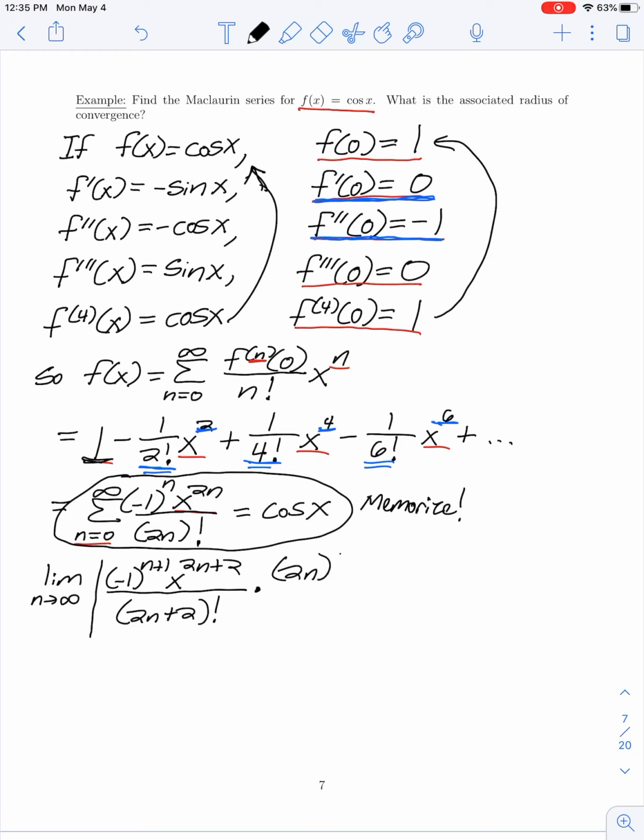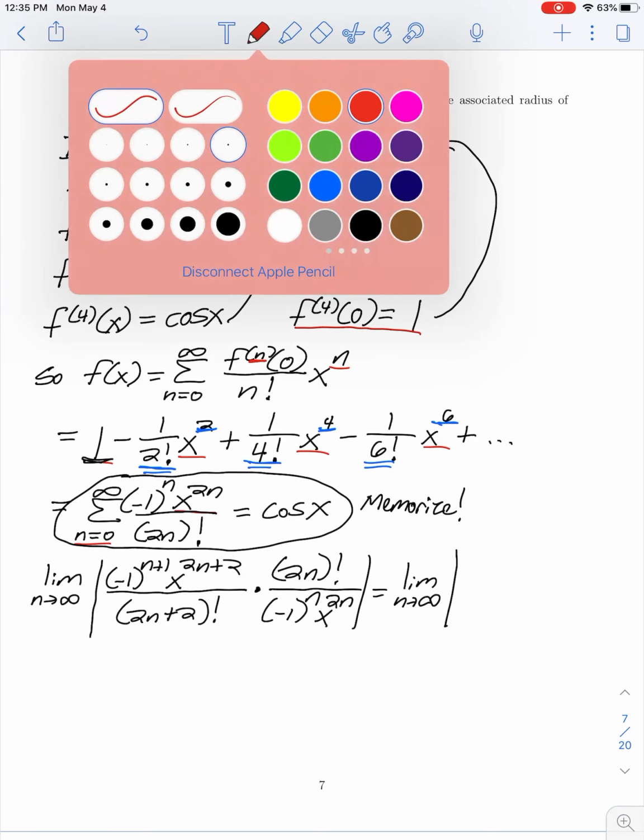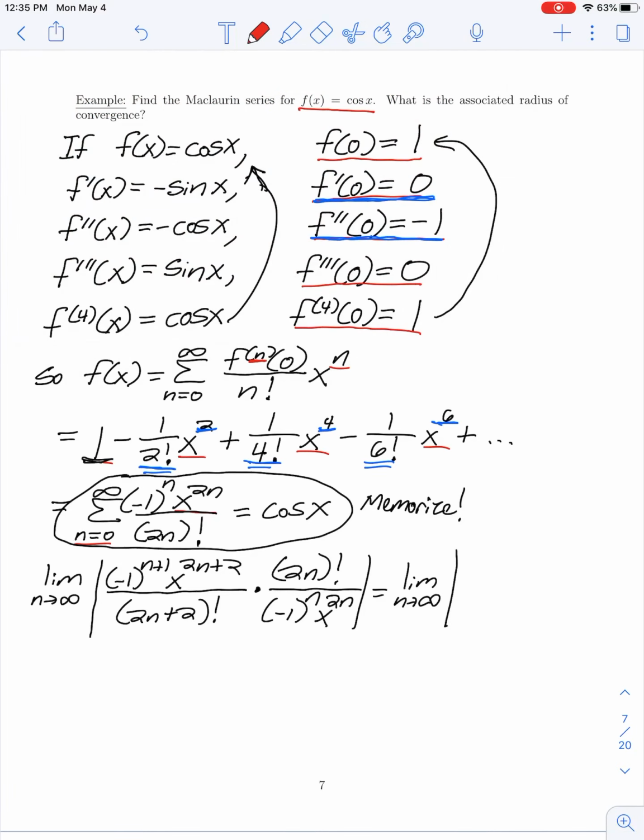We have 2n factorial over negative 1 to the nth times x to the 2n. So this gives us the limit as n approaches infinity of, well, let's see which terms remain.